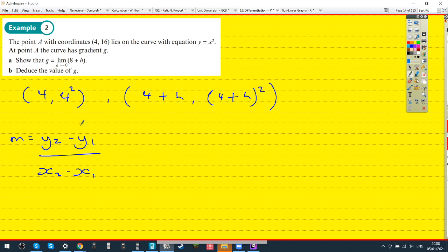Okay, gradient for this. How do you get it? Could you simplify the one on the right, or is that not possible? Could you expand the brackets of 4 plus h? Yep. 2 brackets.